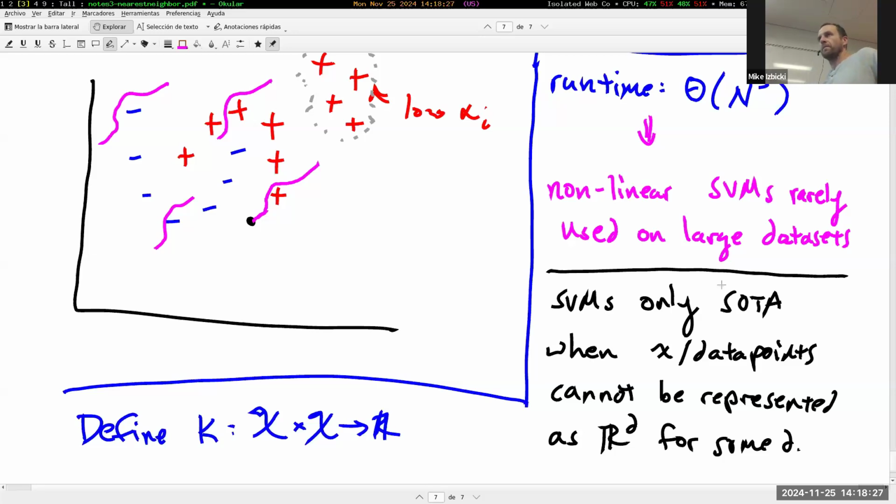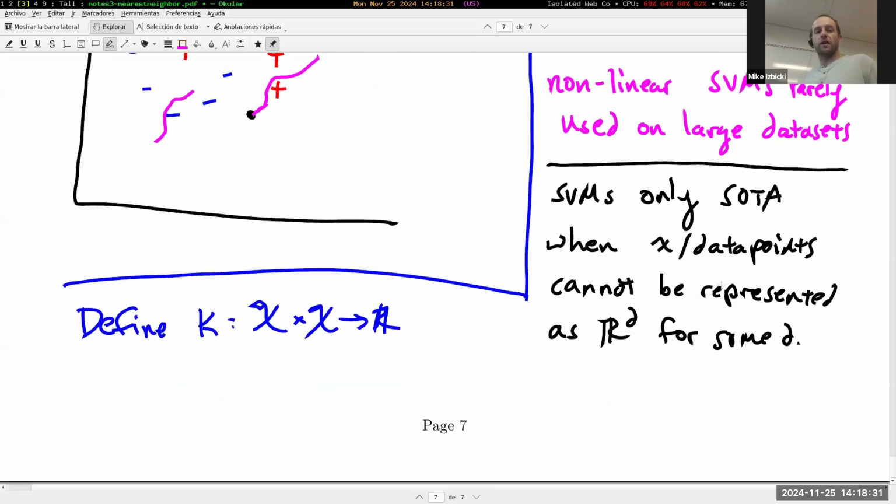Yeah. What is data that's not a vector? Question is, what does data that's not a vector look like? A common example is DNA or any sort of genomic data.